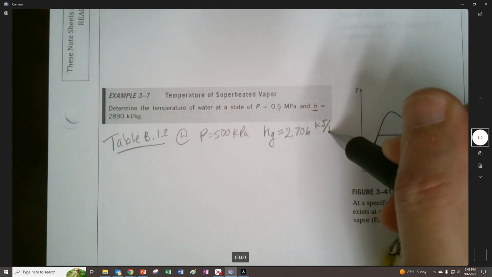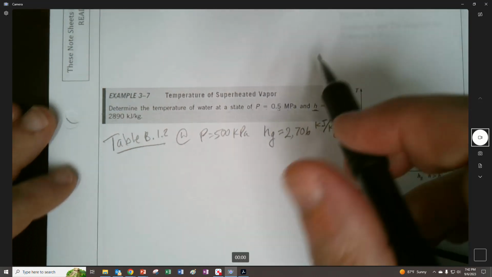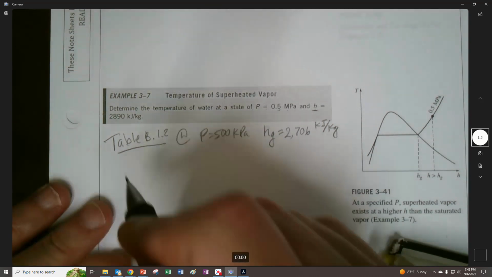Kilojoules per kilogram is what the SI units are for enthalpy. And so we go over to table B.1.3.